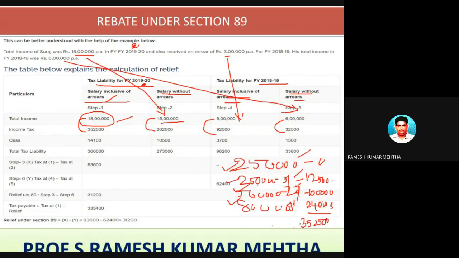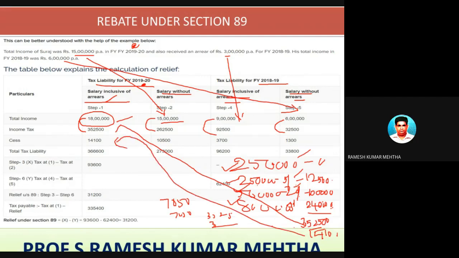Now you have to pay 4% as surcharge and other cess, that is secondary and higher education cess. So 3,52,500 into 4 percent is roughly around 14,100. Hope you got these figures.